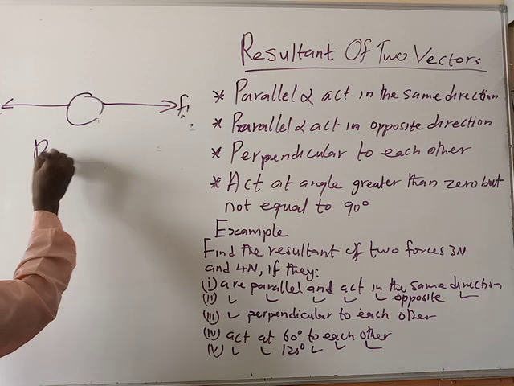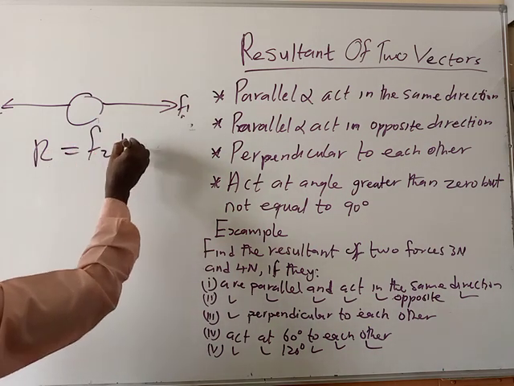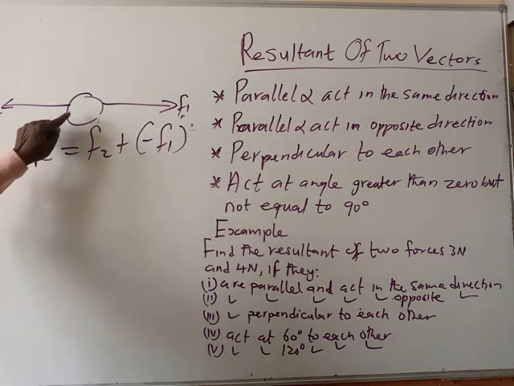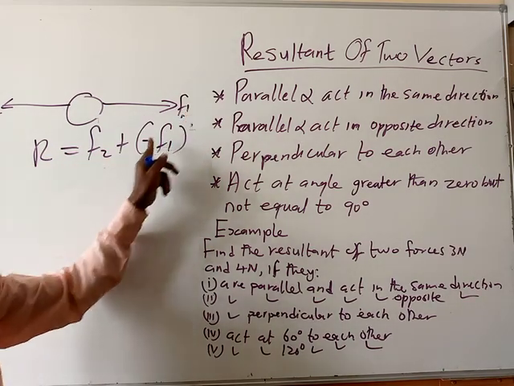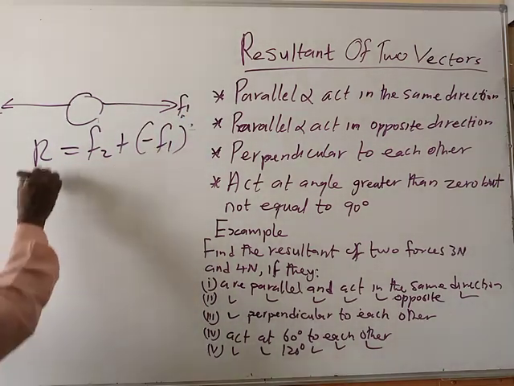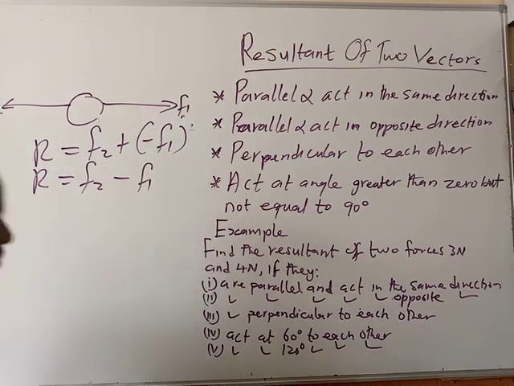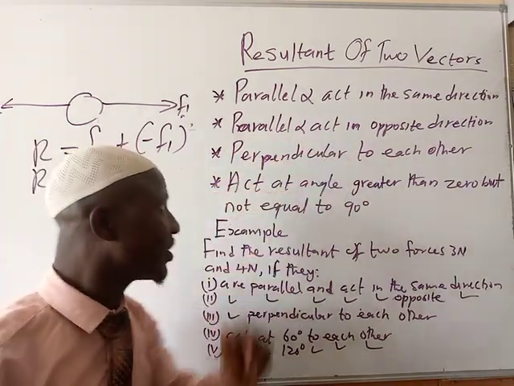So our resultant is equal to F2 plus open bracket minus F1, because this is our direction. So this one is acting in opposite direction to come with minus. Therefore, the resultant of the two factors will become F2 minus F1. That is case 2, parallel and act in opposite direction.